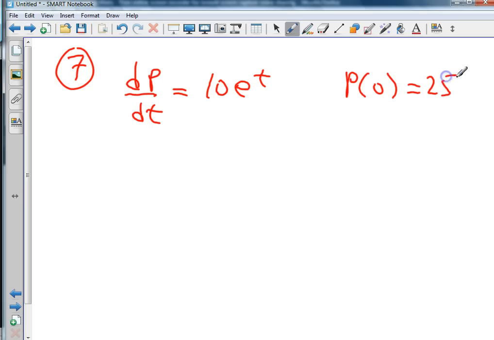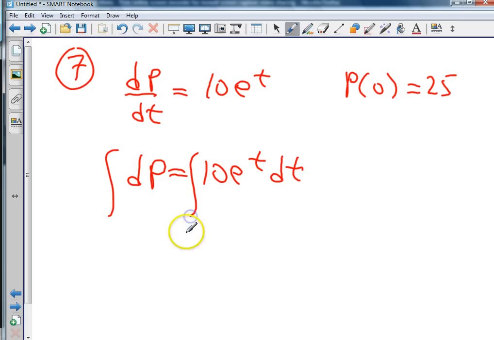This strikes me as a population growth model where t equals 0 is 1990, t in years, and 25 means 25 million muskrats on an island somewhere. Can you find P as a function of t? So how do you separate this? Just multiply by dt, basically. Is this now something you can integrate? What I call integrable. What do you get?